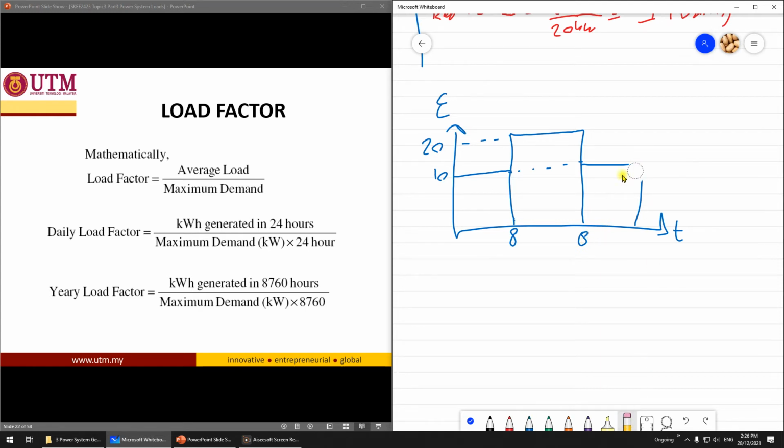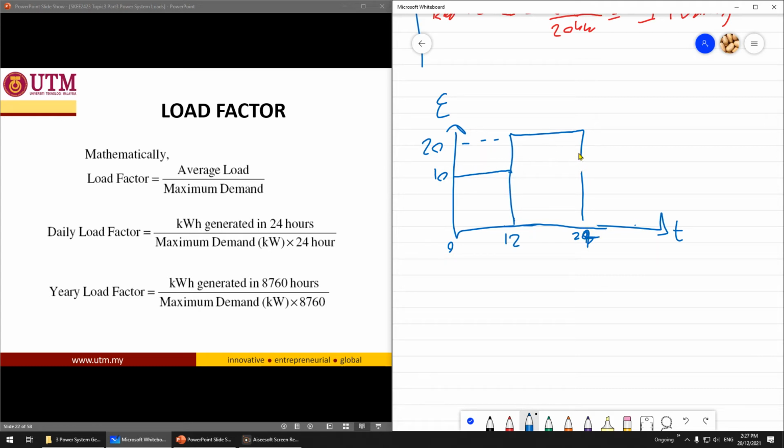This one maybe no need, easier to calculate. Maybe this is your load profile, from 0 to 12 and then 12 to 24, so you have 24 hours.